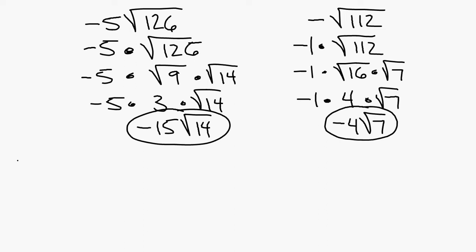Alright, so now we got to talk about variables for a second, because we're going to start adding variables to these today. So, write this down. These are variable perfect squares.